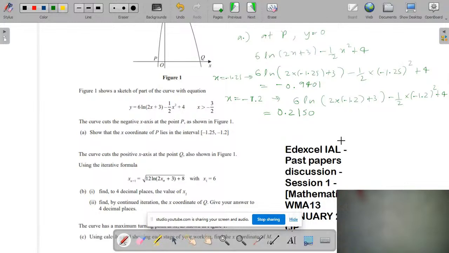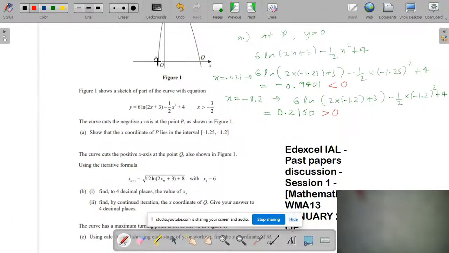Then you can see that here I am getting a negative value, here I am getting a positive value. So what will happen then? If there is a sign change, you can tell that the x coordinate of point P lies in this interval. Why am I telling this? When the curve is cutting the x-axis, the y coordinate becomes 0.